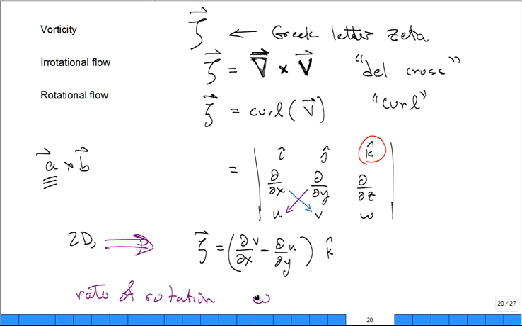Omega is, let's say, the rate of rotation in radians per second. If you calculate the vorticity and divide by 2, the magnitude of the vorticity, that will be the rate of rotation.